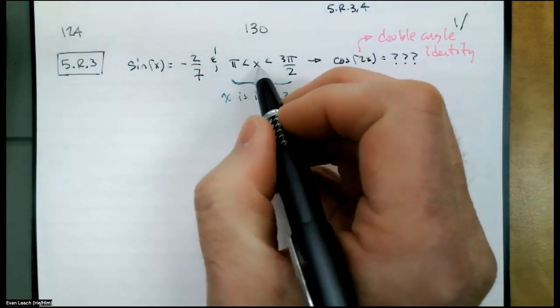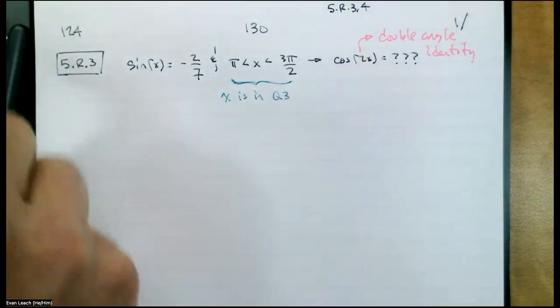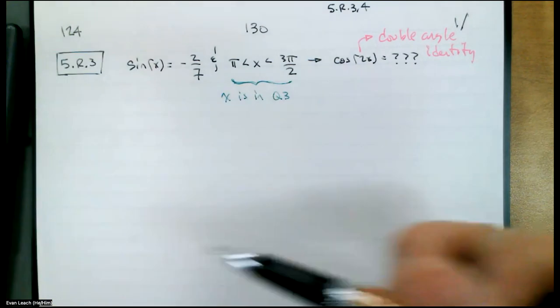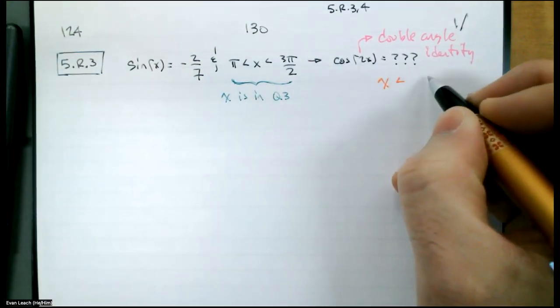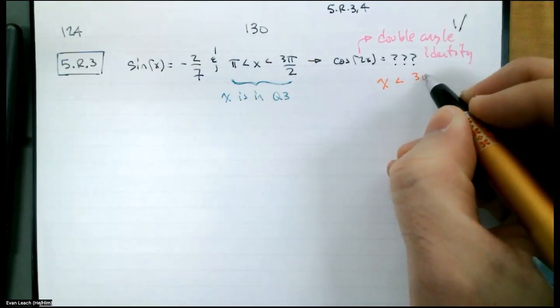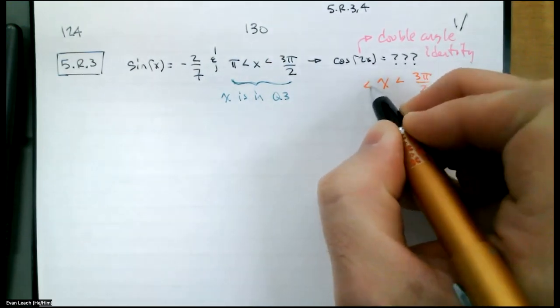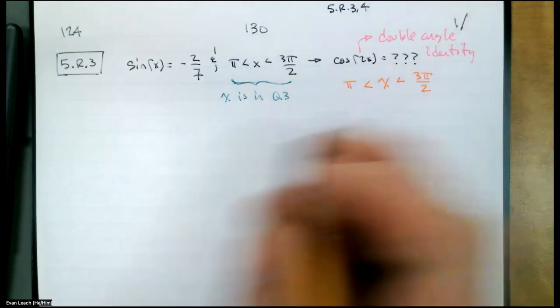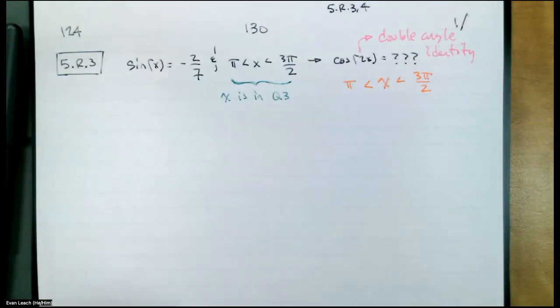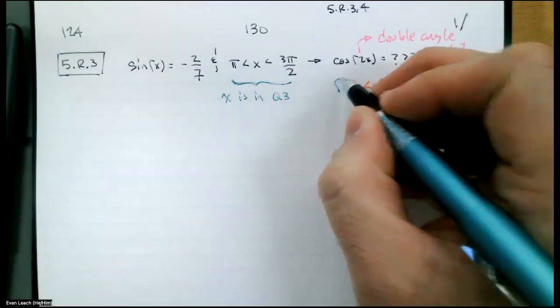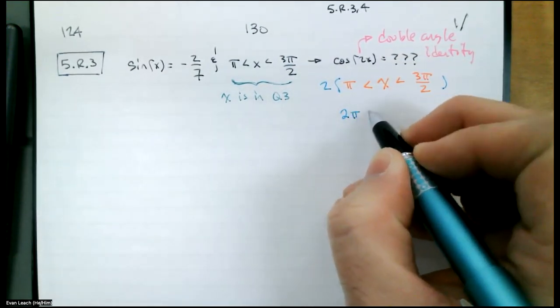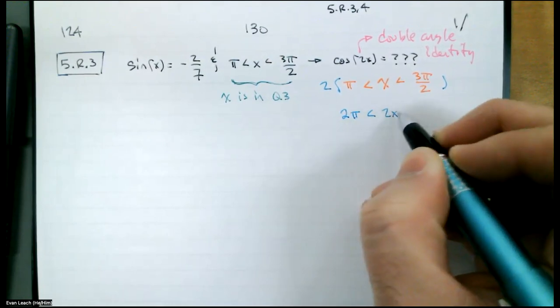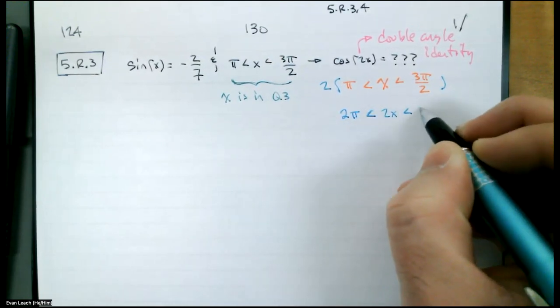If x is between pi and 3 pi over 2, and I multiply everything by 2, then we'll find out that 2x is between 2 pi and 3 pi.